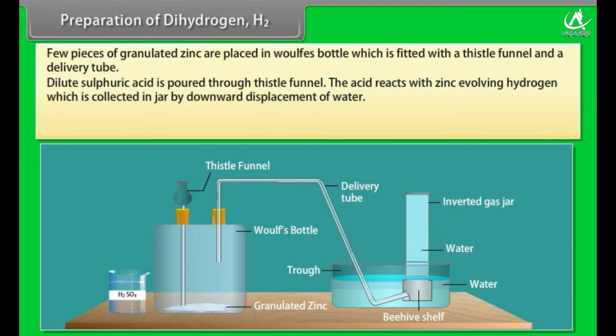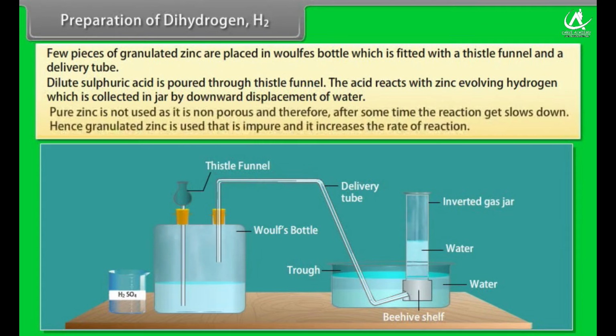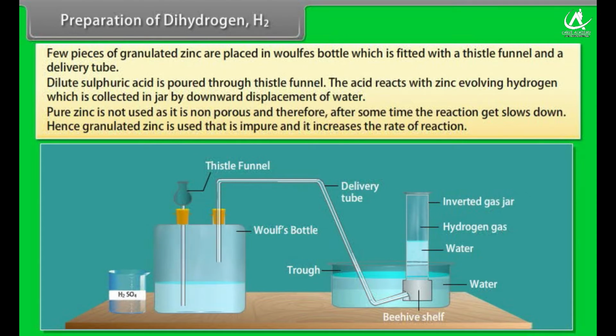Dilute sulfuric acid is poured through the thistle funnel. The acid reacts with zinc, evolving hydrogen which is collected in a jar by downward displacement of water. Pure zinc is not used as it is non-porous and therefore after some time the reaction slows down. Hence granulated zinc is used, that is impure, and it increases the rate of reaction.